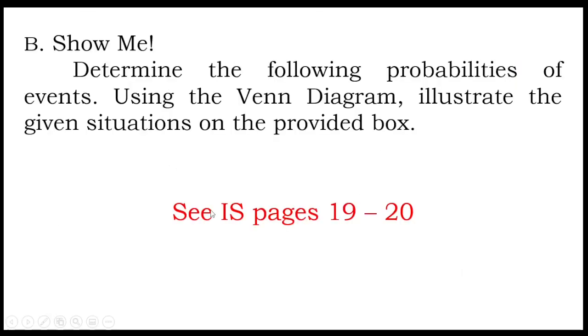For letter B, show me. Determine the following probabilities of the events. Using the Venn diagram, illustrate the given situations on the provided box. Again, for letter B, you have to get the probability of the given events, and then you have to illustrate these events using Venn diagram. That is on instructional support pages 19 to 20.